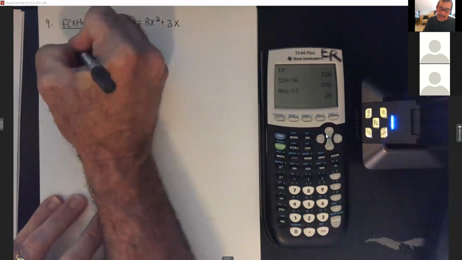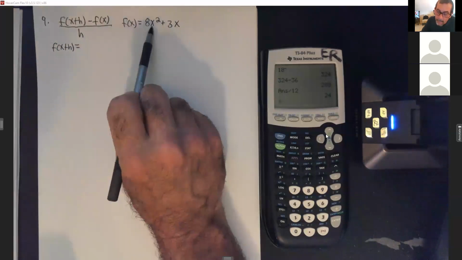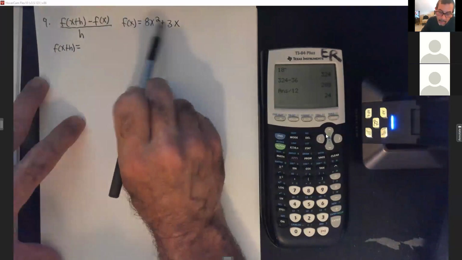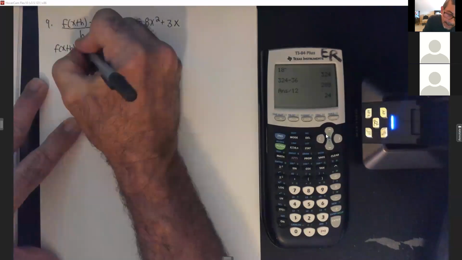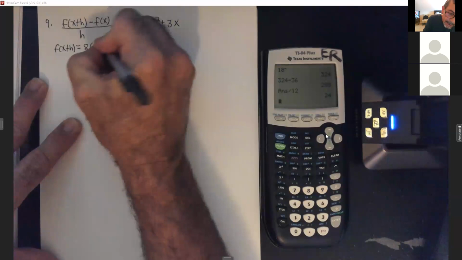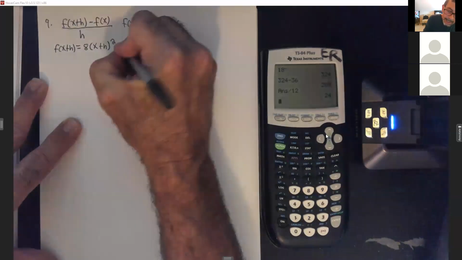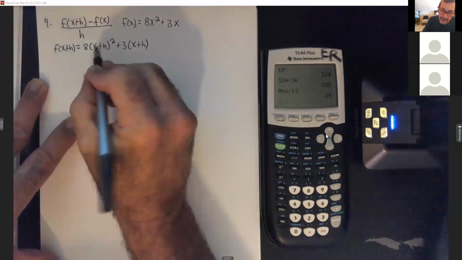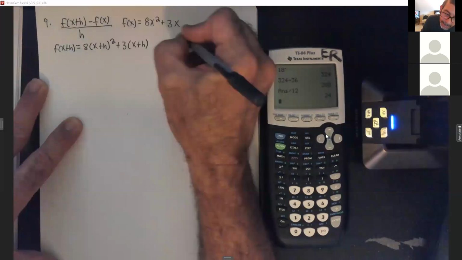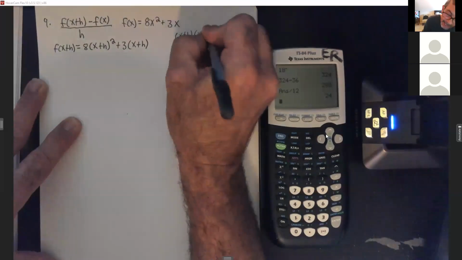So to find f of x plus h, I take this f of x equation, and where they got the two x's, I'm going to put x plus h. So I got 8 times x plus h squared plus 3 times x plus h. All right, oh, look at that. X plus h squared is x plus h times x plus h.